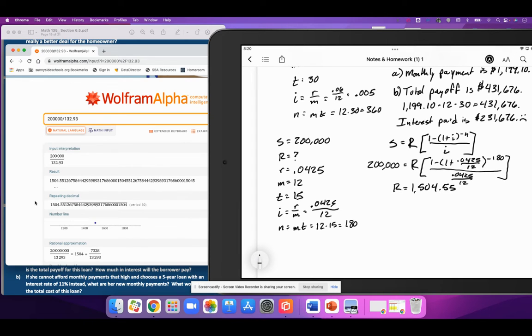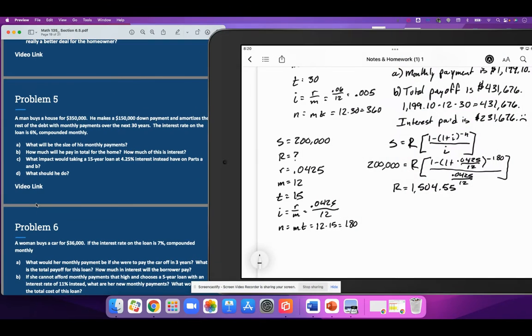So I think this is C. So yep, C. The new monthly payment would be $1,504.55.